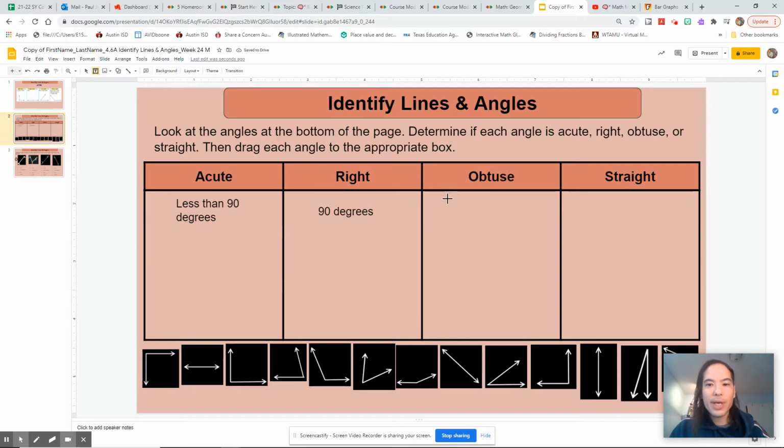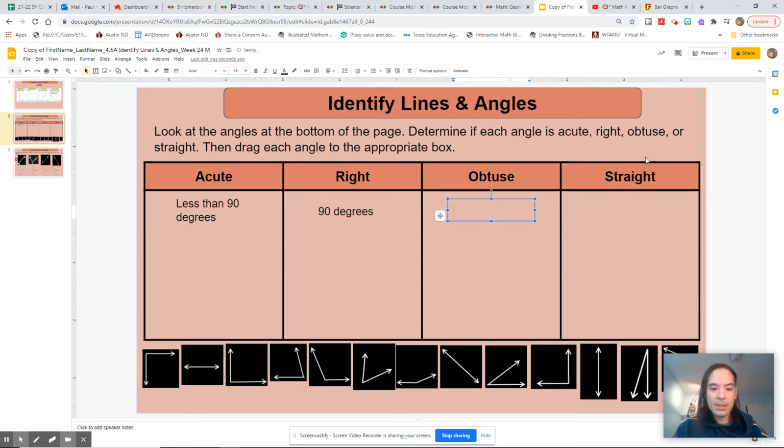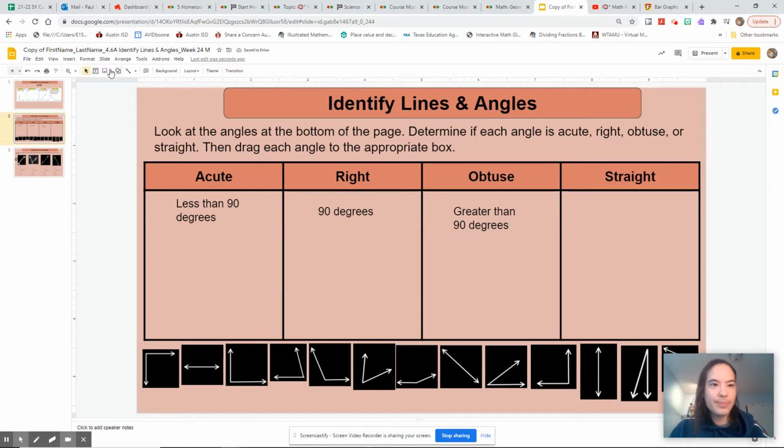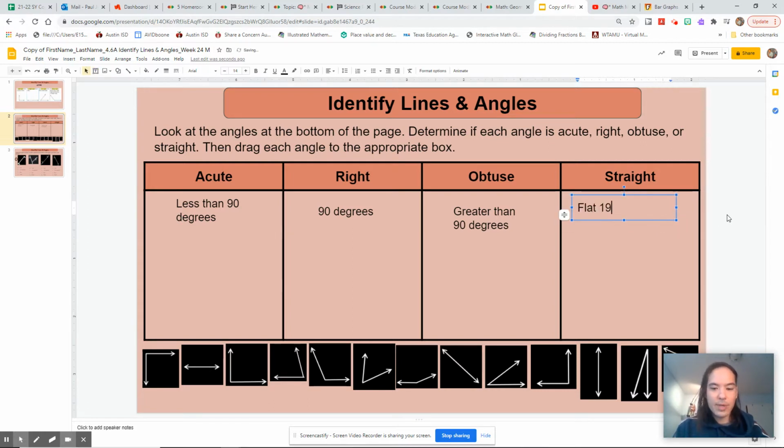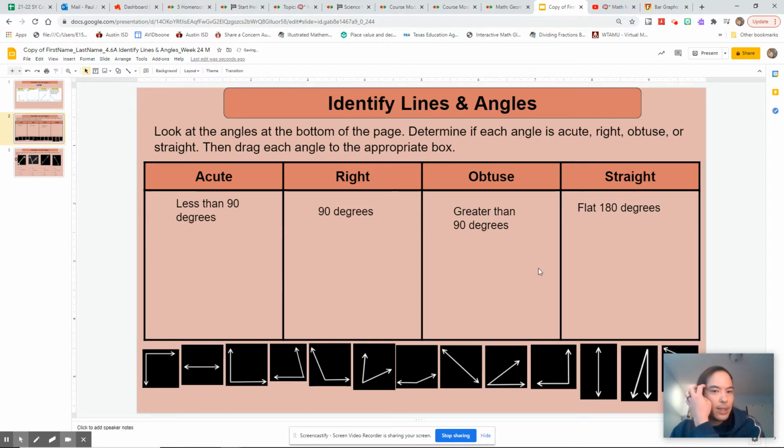An obtuse angle is greater than 90 degrees. And then our straight angle is our flat 180 degrees.